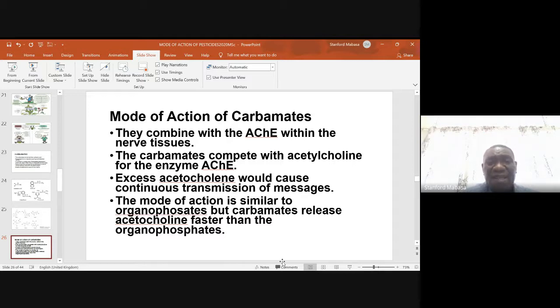Now, excess acetylcholine will cause continuous transmission of messages, and this actually kills the insect. So the mode of action is similar to those of organophosphates. But the carbamates can release acetylcholinesterase faster than the organophosphates.